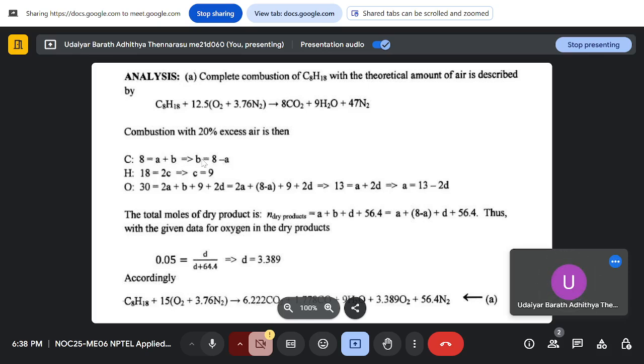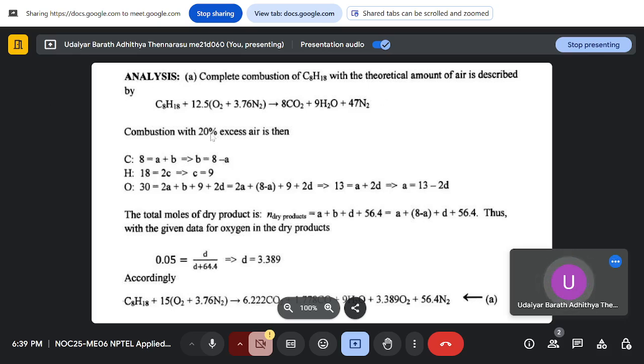So the expression will be: C8H18, which is the octane, plus 12.5 times 1.2 times O2 plus 3.76 nitrogen, gives A moles of CO2, B moles of CO, plus C moles of H2O, plus D moles of nitrogen.